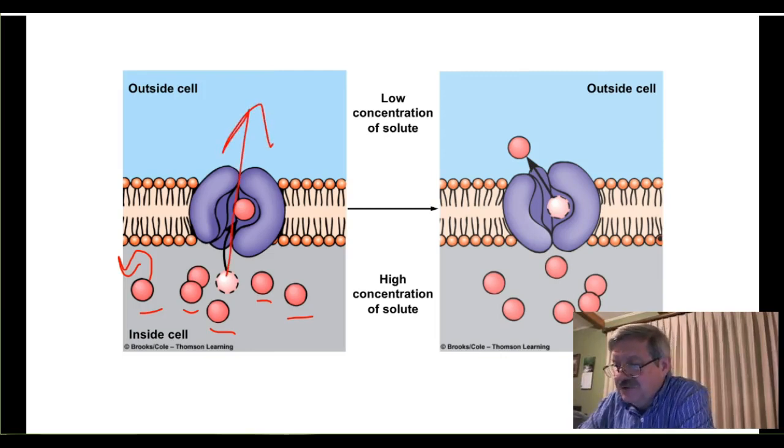So it's still diffusion, going from area of high concentration to low concentration, but it's going through a protein, so it is being facilitated by, or assisted by, or made possible by the protein. So it is facilitated diffusion. There is no requirement for energy from the cell to allow this to occur.